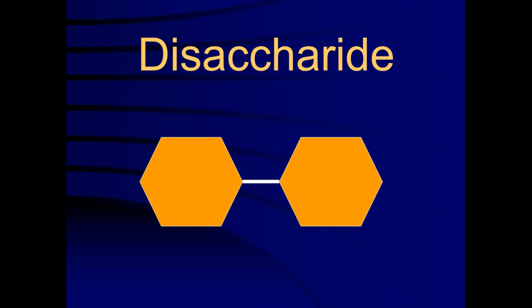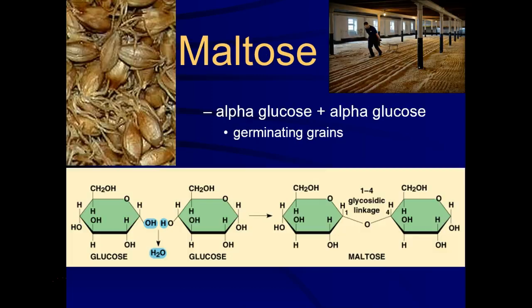We're going to start with the first one, and this one's really simple. It is an alpha glucose bonded to an alpha glucose. This one is called maltose. Maltose is a sugar found in germinating grains. When we think about grains as a type of seed, for example, corn, wheat, oats, rye, and barley are all grains.